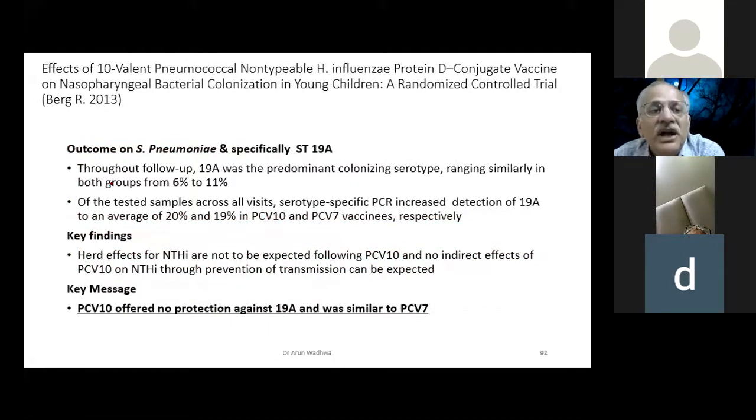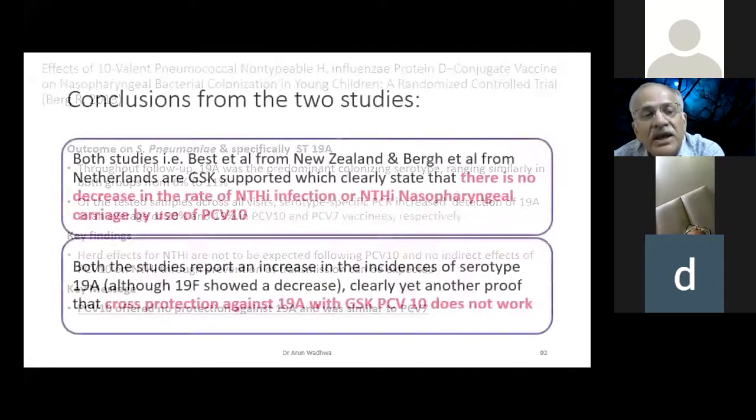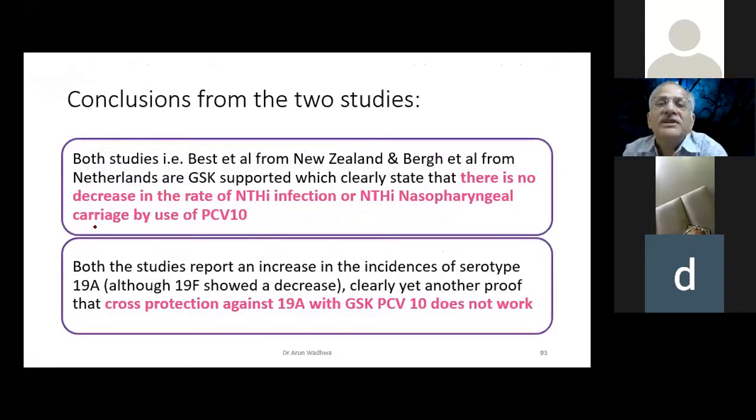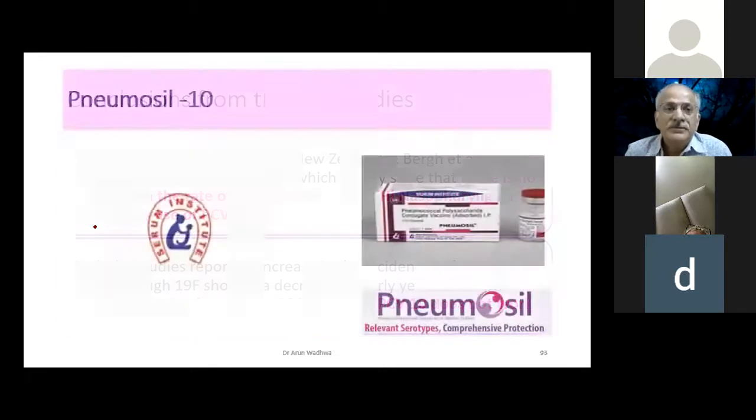The key findings were the same, and herd effects were not there. Interestingly, both the New Zealand and Netherlands studies were GSK supported, and they found no decrease in the rate of NTHI infection or NTHI nasopharyngeal carriage by the use of PCV10. Again, cross protection against 19A by the PCV did not work.